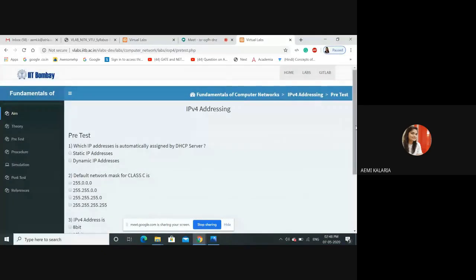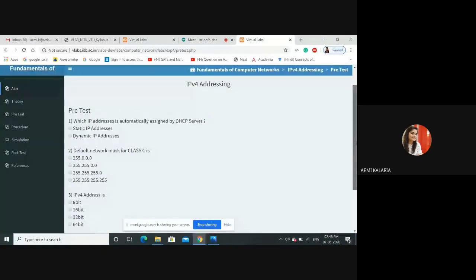Here they mentioned three MCQs. The first MCQ is which IP address is automatically assigned by a DHCP server. DHCP server I haven't discussed till now, but basically whenever any node wants a dynamic IP address, at that time it will use dynamic IP addressing.